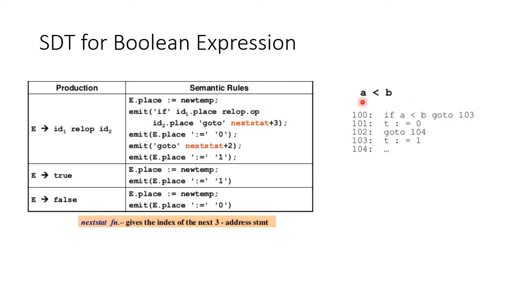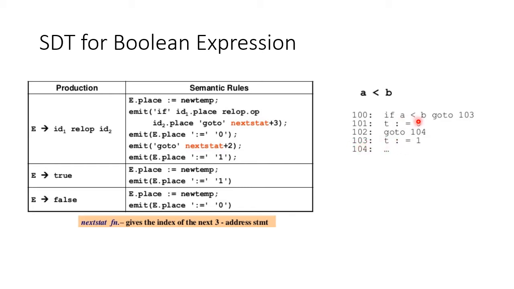What is the three address code corresponding to this Boolean expression A less than B? This Boolean expression can be either true, that is 1, or false, that is 0. This statement can be represented as: if A less than B, if it is true, T equal to 1. The address is 103.